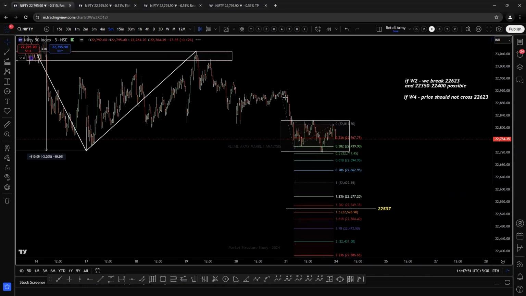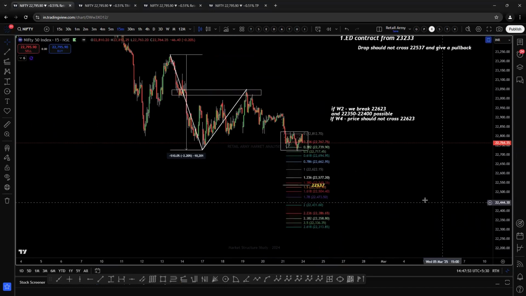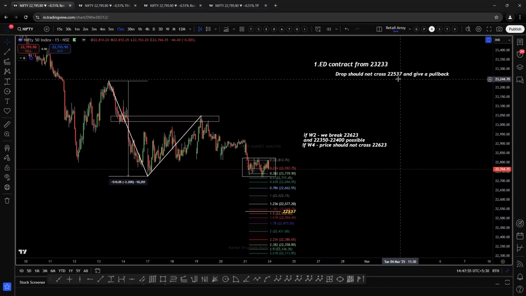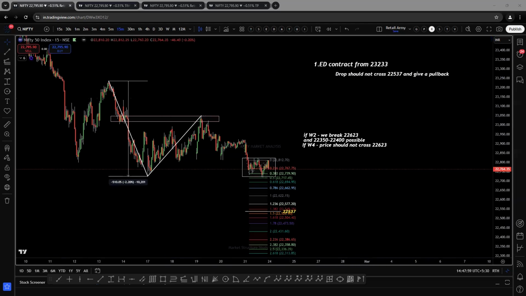22,537. Why? If you remember the higher time frame, this is a condition, right? If it's an ED contracting pattern, in this pattern, it should not break this.